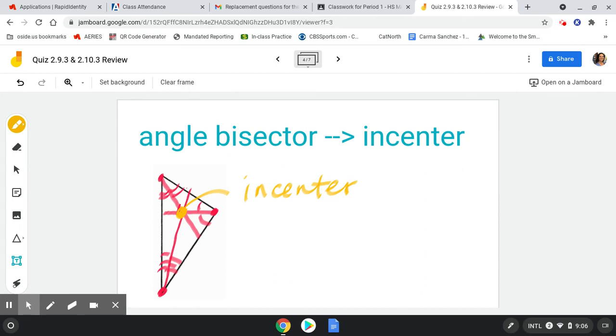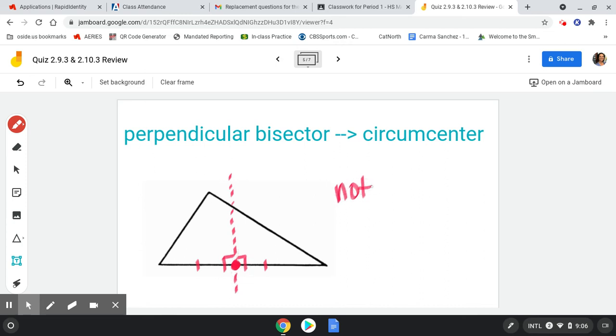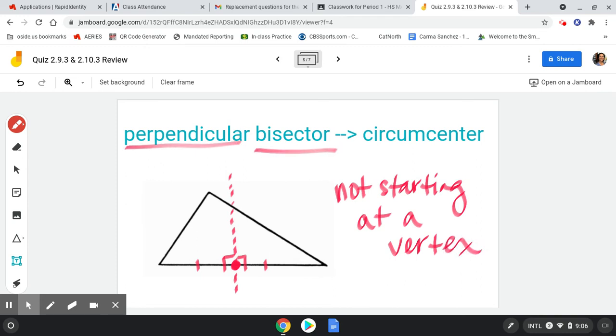Okay, next, our last one is a perpendicular bisector. What happens for this one is bisector means you're bisecting the opposite line segment. So in this case, for it to be perpendicular, I want you to imagine a line that's forming a 90 and how it is not starting at a vertex this time. Like the other words were, a perpendicular bisector has to form 90, has to split the other side in half, so it's not coming out of a vertex.